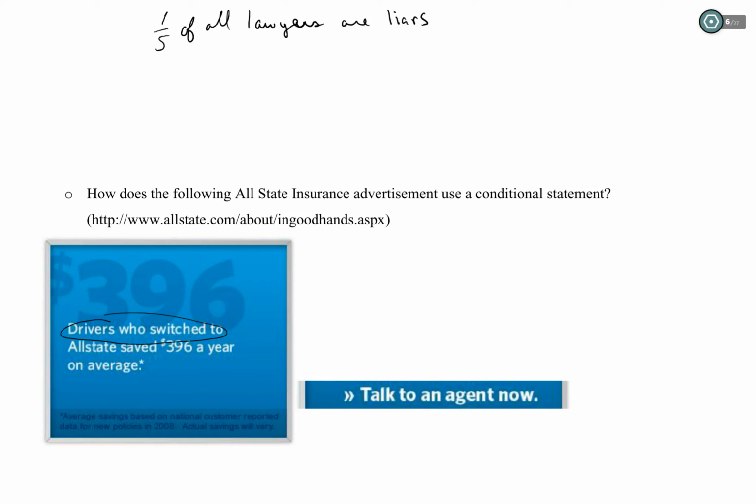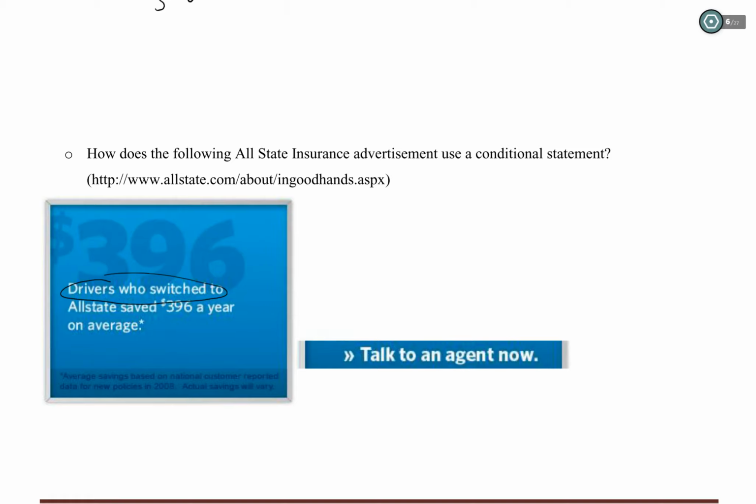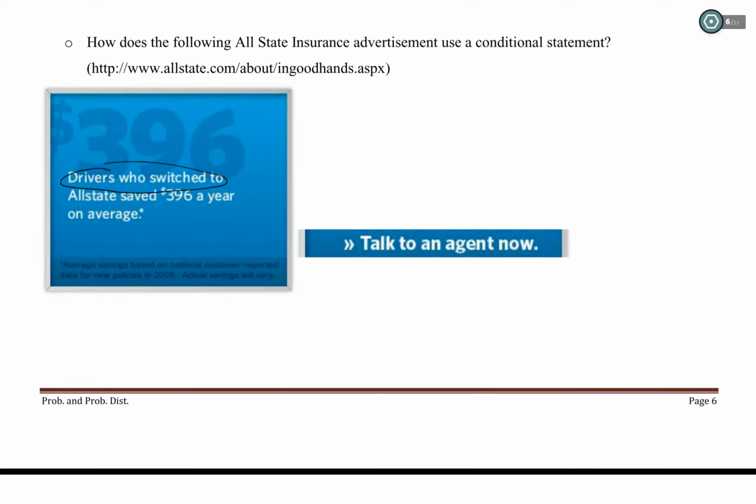So the drivers who switched is that condition, and of those that switched, the average was $396. Okay. This number would undoubtedly go down. I say undoubtedly, I'm pretty sure it would go down if you considered all drivers that were eligible for insurance. Okay, not just those that switched.